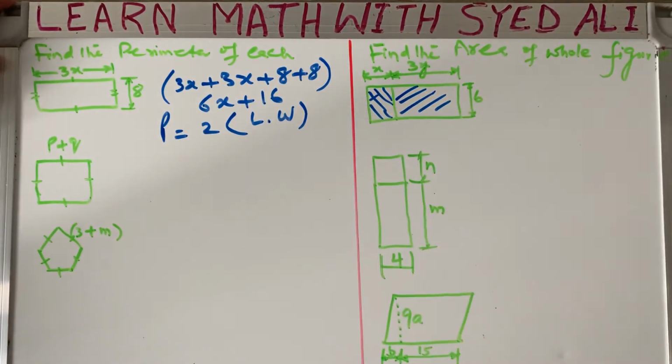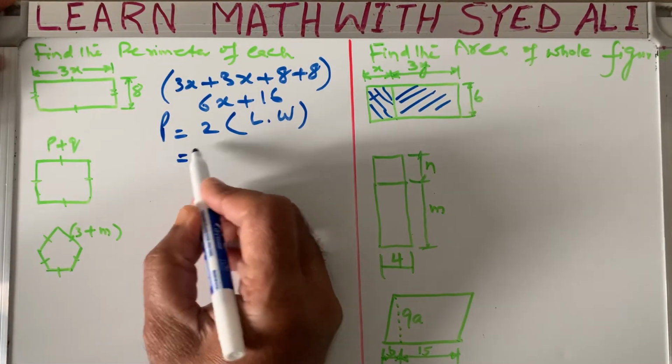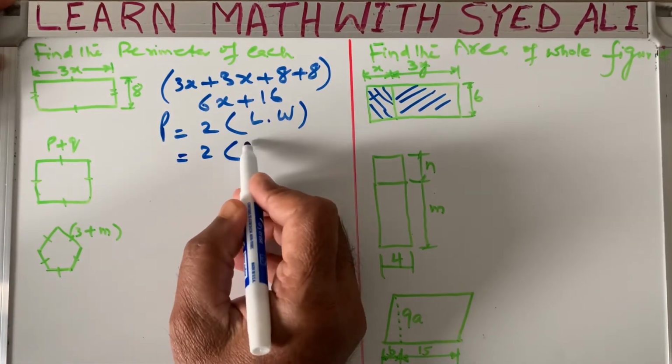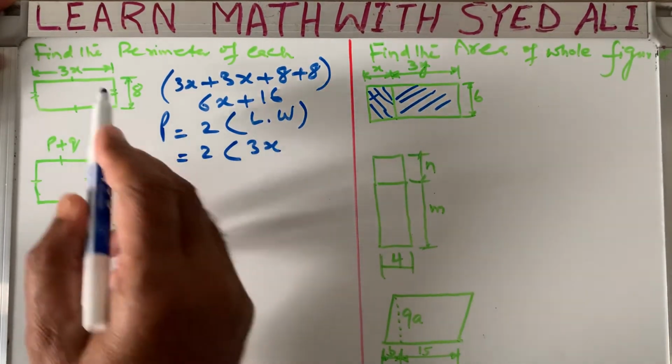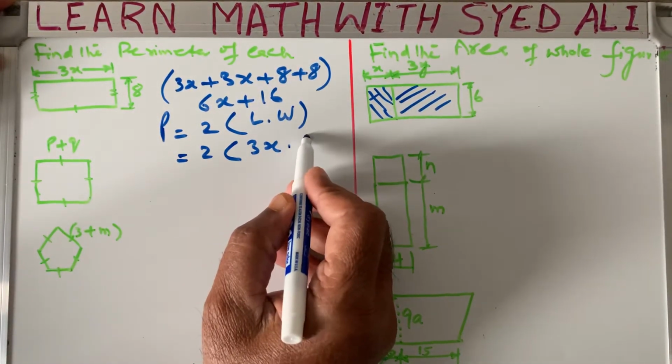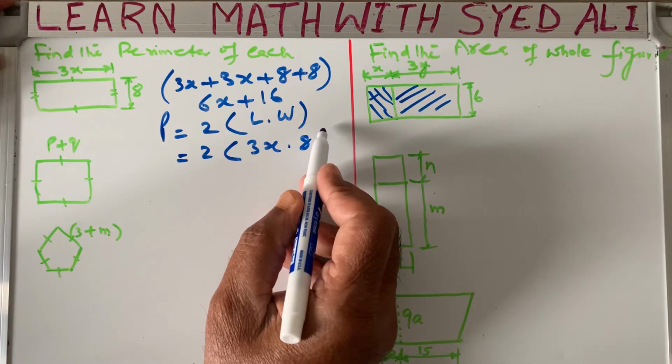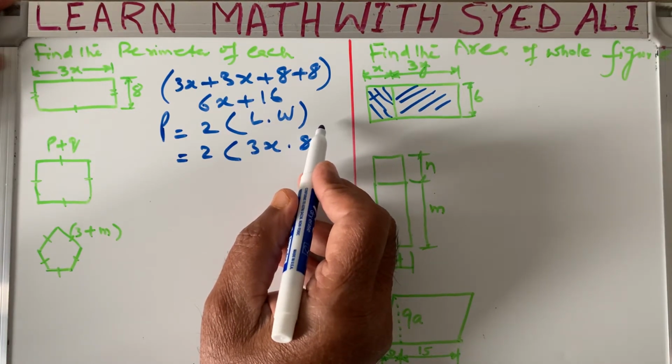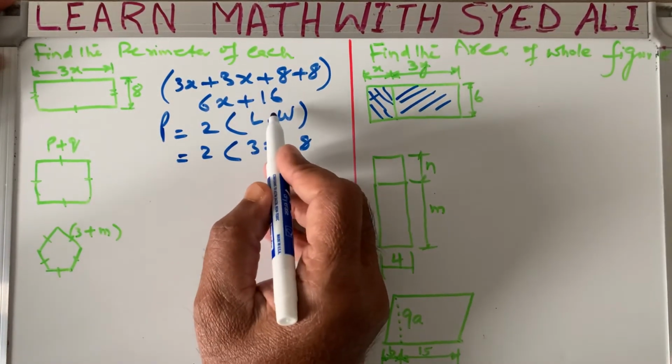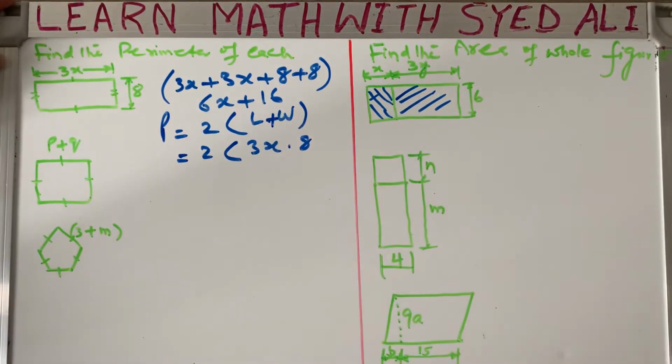This we learned in the last video, the distributive property of multiplication. In this case, we just put 2 times (3x plus 8), which follows 2L plus 2W.